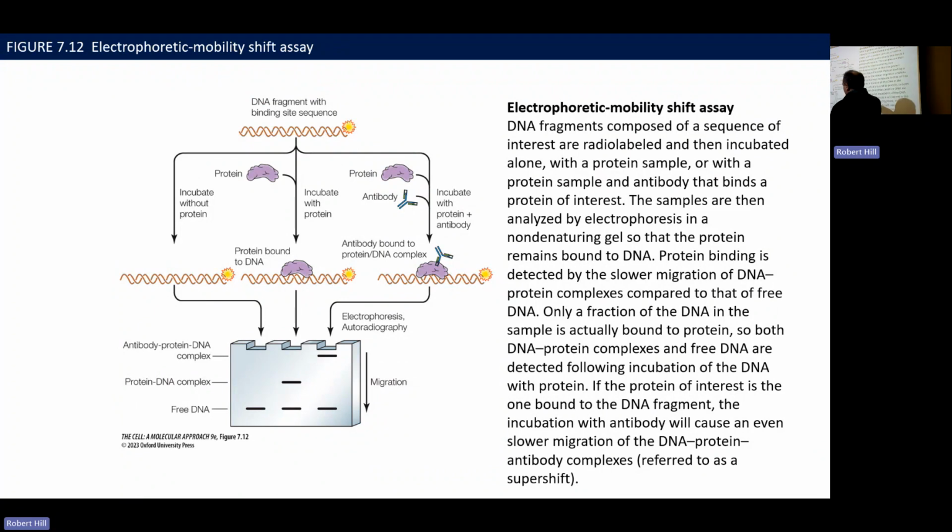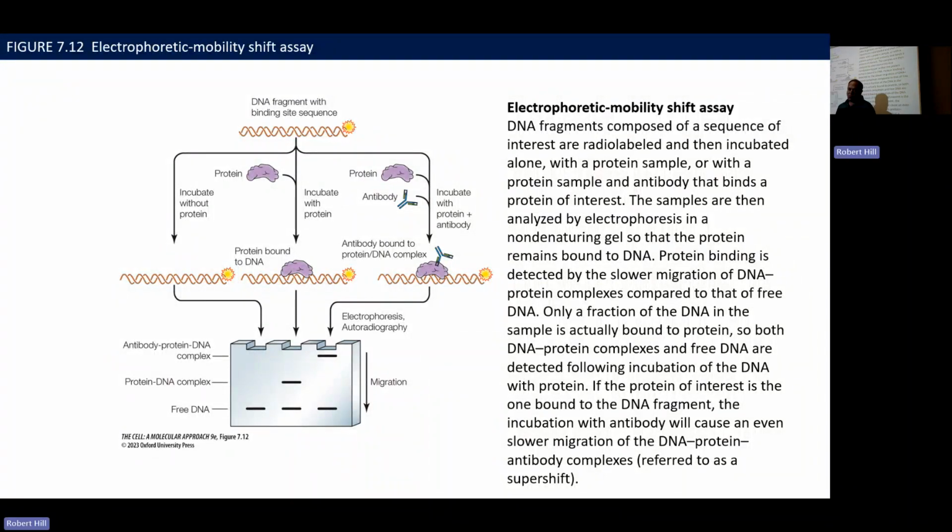You won't get all the DNA bound to the protein, so you'll still get a signal. But when DNA has that protein bound, it's going to migrate more slowly. So you're going to get another band up here. In EMSA vernacular, this is called a shift, because you have a transcription factor bound to the element.